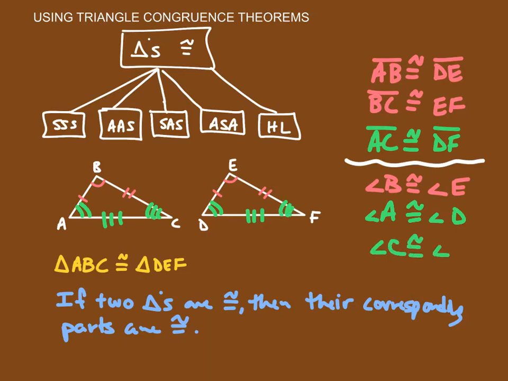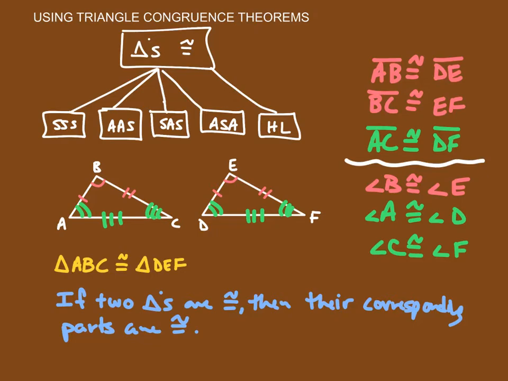So purely based off of these two triangles being congruent by using side-angle-side, or any of these triangle congruency theorems, I can make the statement that triangle ABC is congruent to triangle DEF. I can then say that any corresponding part of that triangle is going to be congruent.